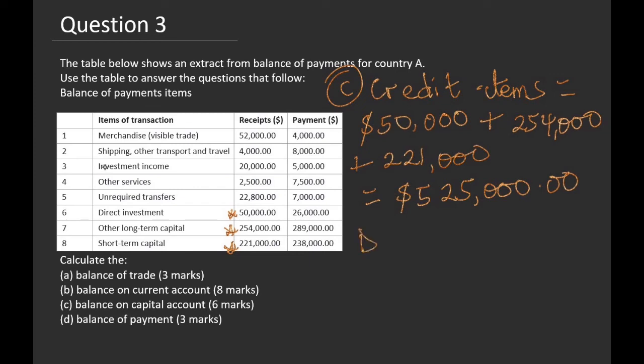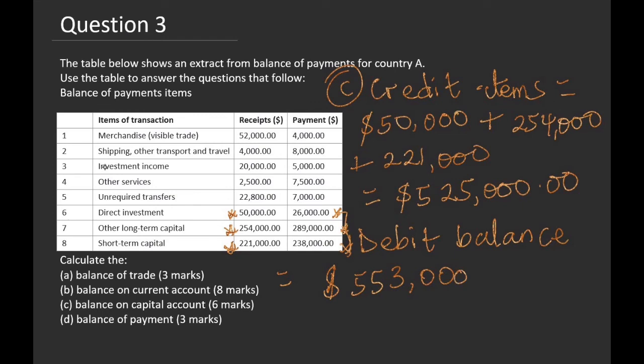Now the debit balance is equal to $26,000 plus, punch it into the calculator, $289,000 plus the last one, $238,000. If you sum the three of them up, it's going to give you 553,000.